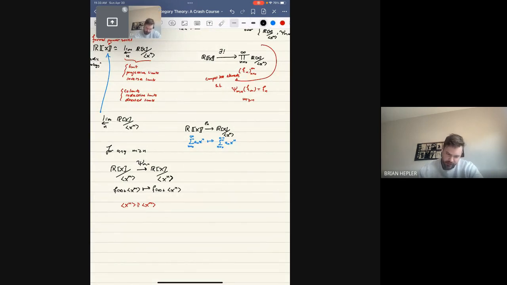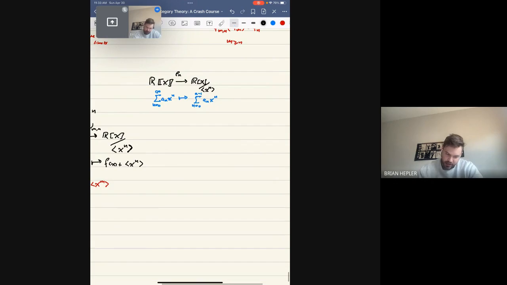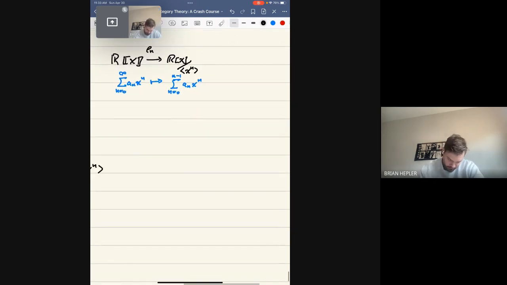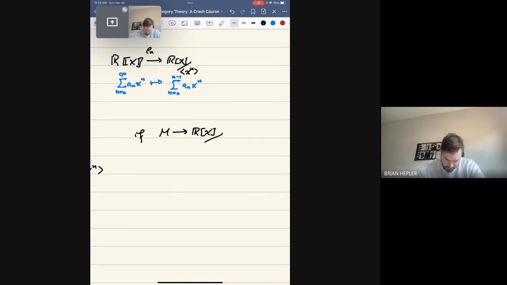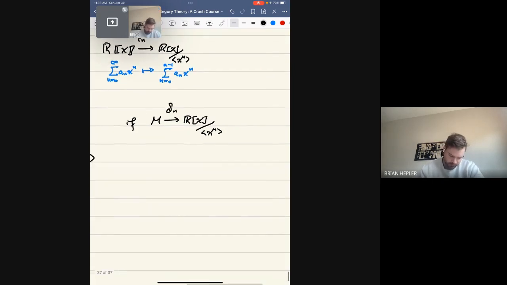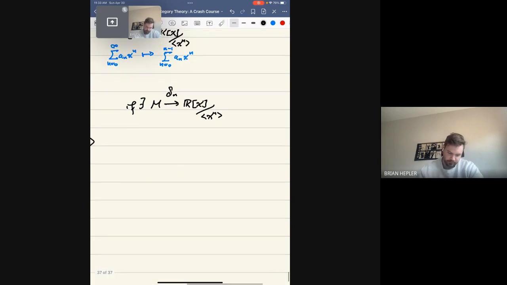So universality has to do with the fact that if you have any other cone, so if you have some other ring M mapping to each of these, for every n, with some delta n, then there admits a unique map from M into our formal power series ring.